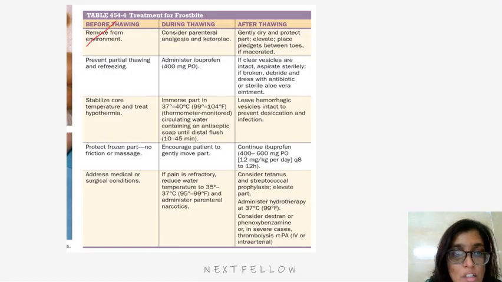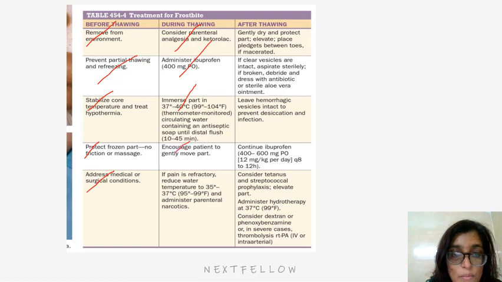Remove from the environment, prevent partial thawing and refreezing, stabilize core temperature and treat hypothermia, prevent frozen part, protect frozen part, no friction or massage, address medical or surgical conditions. Consider parenteral analgesics and ketorolac, administer ibuprofen 400 mg, immerse part in 37 to 40 degrees Celsius thermometer-monitored circulating water containing an antiseptic soap until distal flush.